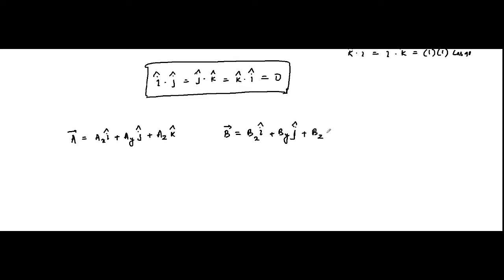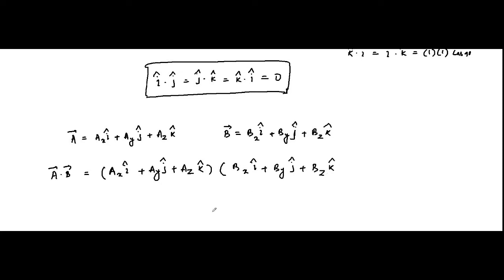So the dot product of these two vectors is simply (ax i cap plus ay j cap plus az k cap) dot (bx i cap plus by j cap plus bz k cap).